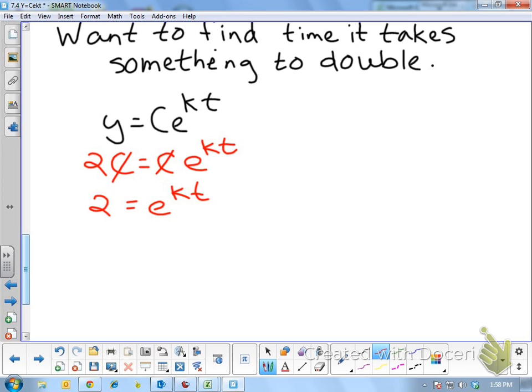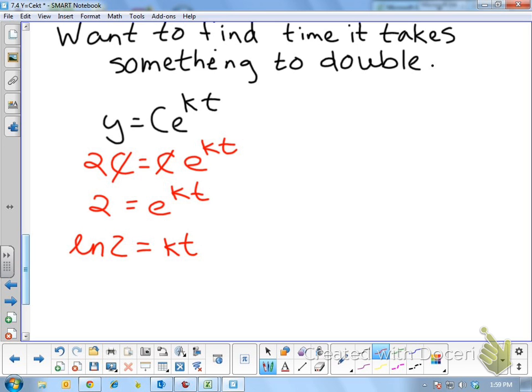Ln both sides. If we had K, we could plug it in. If we don't have K, then our answer will just have a K in it. We just won't put a number there. It'll just stay as K. And then how would I get time alone?